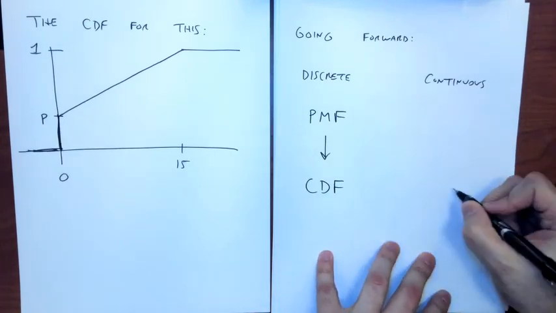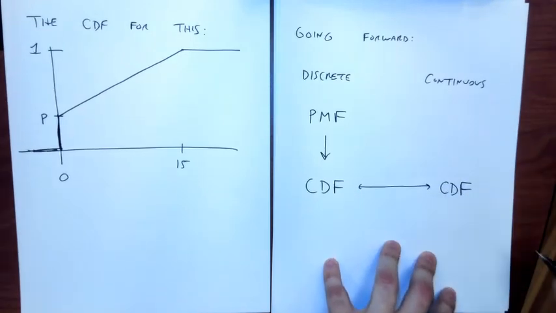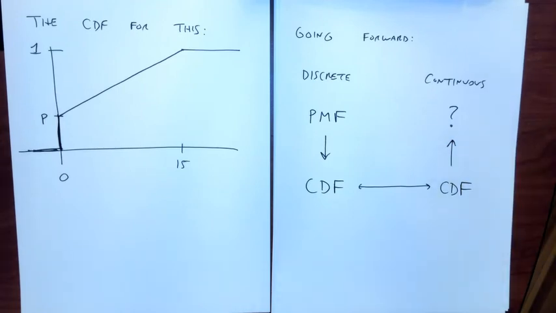And I also said we could learn about a CDF in a continuous space, and next time we're going to talk about what we fill in the blank here: what is the equivalent of the probability mass function when things are in the continuous world, right?